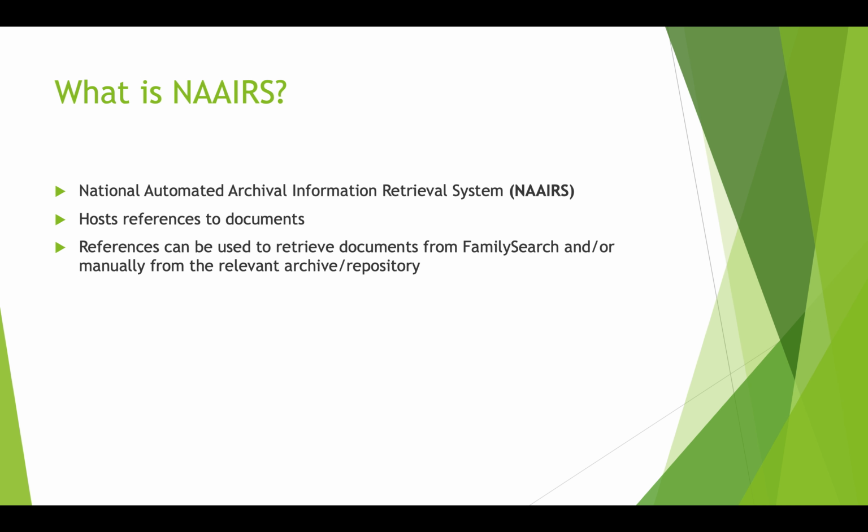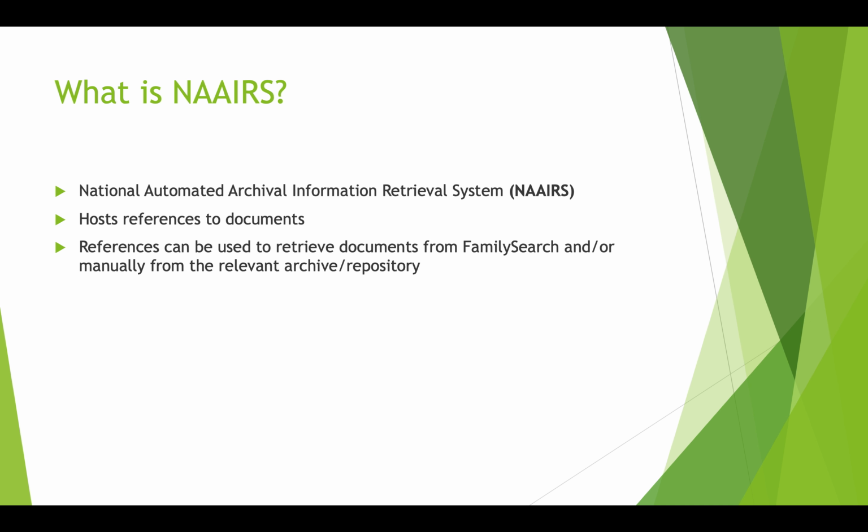So, the National Archives website hosts references to documents, or indexes, is another word. These references or indexes can be used to retrieve documents from FamilySearch and/or manually from the relevant archive or repository.